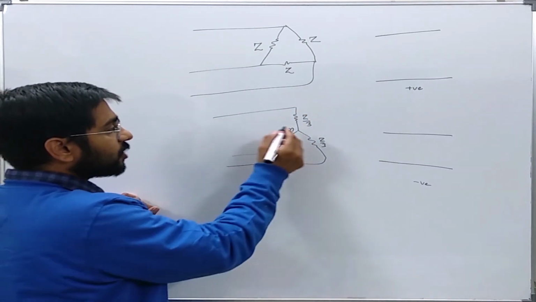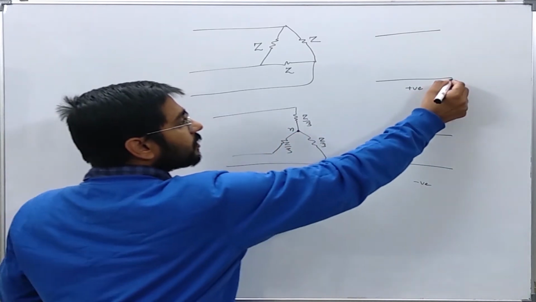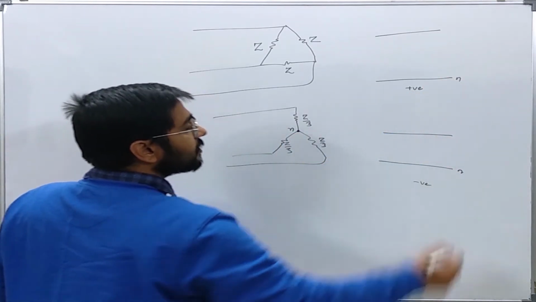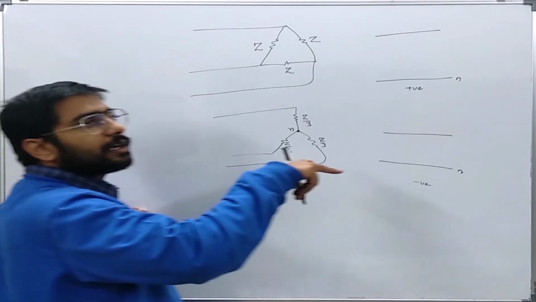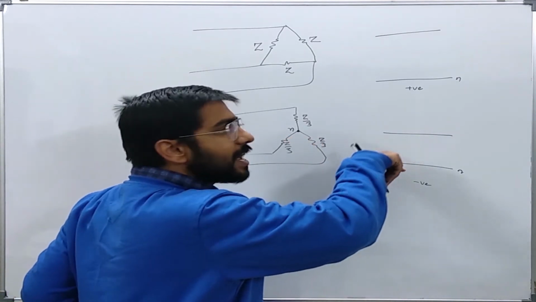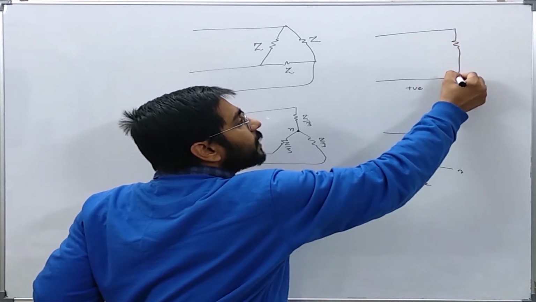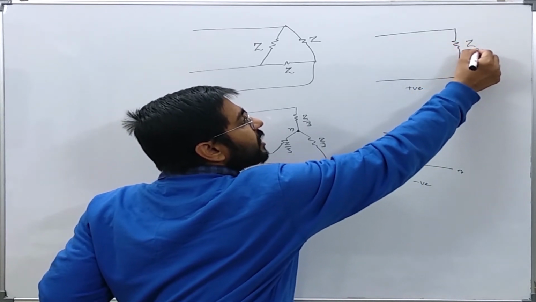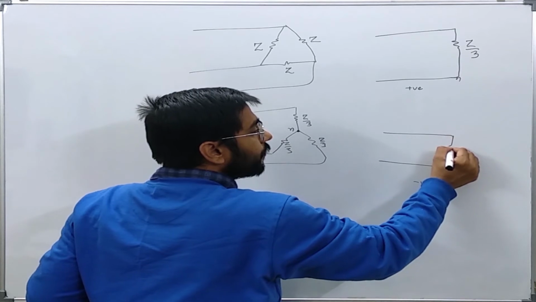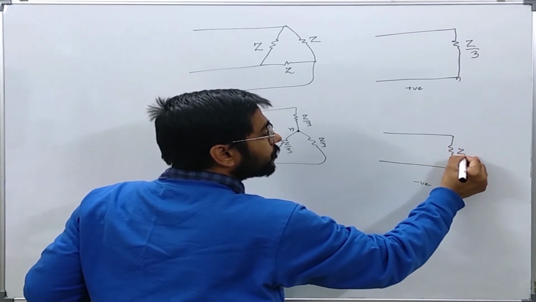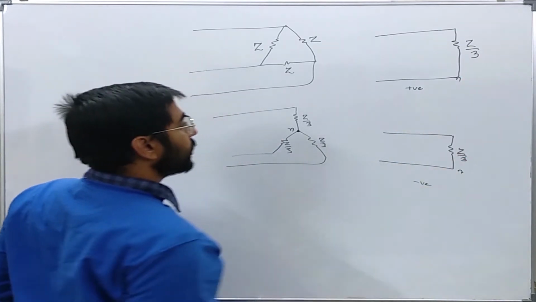So with respect to this reference, neutral is the reference, the positive sequence line current and the negative sequence line current will find a per phase impedance with respect to neutral of Z by 3. So you should clearly remember this thing.